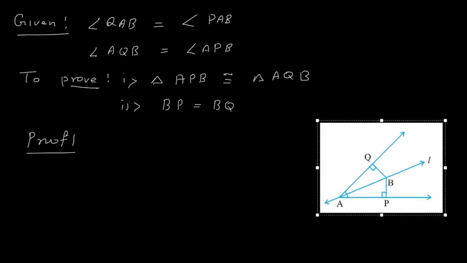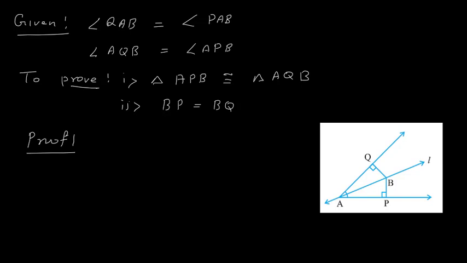Now you have to prove that triangle APB and triangle AQB, they are congruent. So for that, you see this angle A of triangle APB and angle A of triangle AQB, they are equal, it is given. Angle P and angle Q, they are each 90 degree, given.